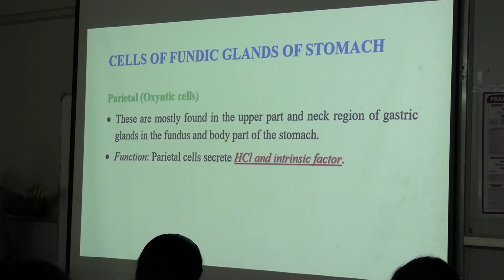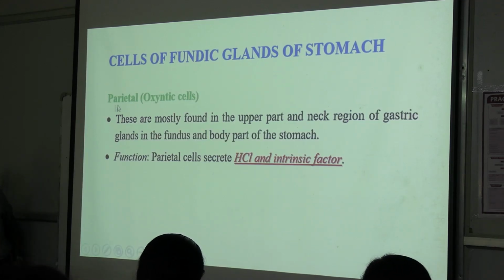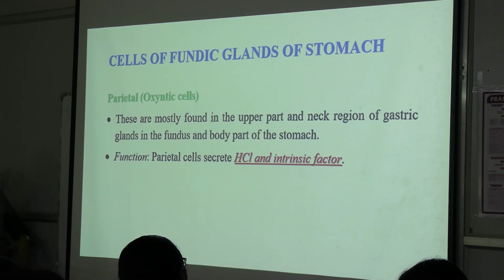Then we have the cells we call parietal cells. These parietal cells produce hydrochloric acid and Castle's intrinsic factor. This hydrochloric acid splits pepsinogen to make pepsin, so that this element can break down protein molecules, and intrinsic factor is important for the absorption of vitamin B12.